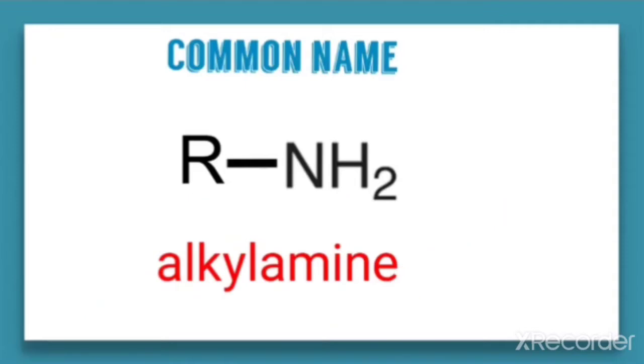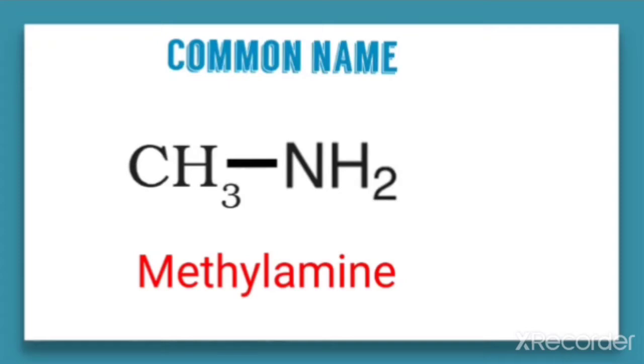So let us take one example. If the alkyl group is methyl group, then what is the name for this compound? That is methylamine. As I told you, first write the name for the alkyl group, that is methyl is the alkyl group here. So first we have to name the alkyl group, and then we have to add a suffix here, that is amine.